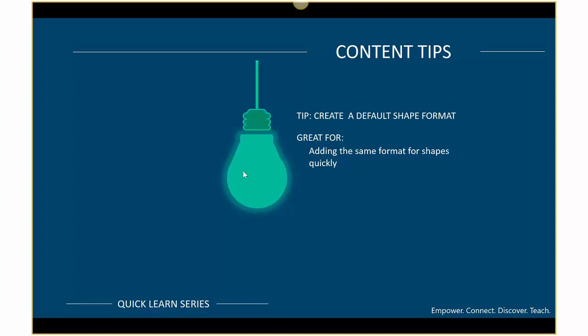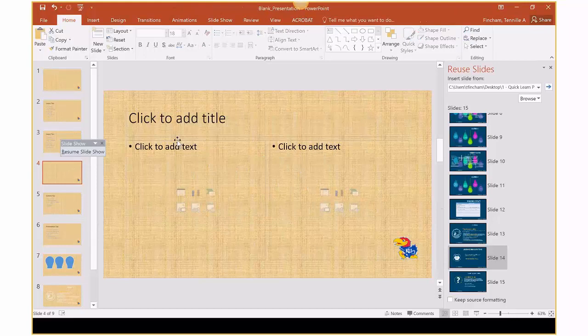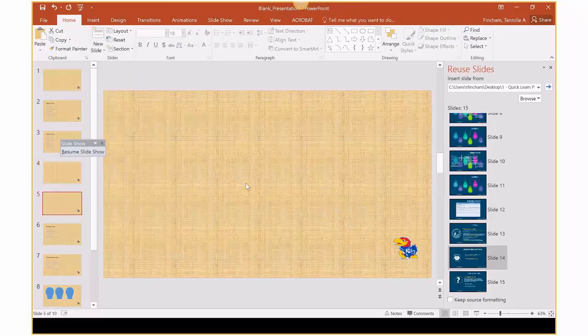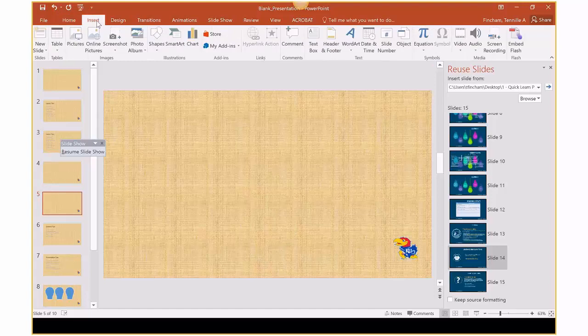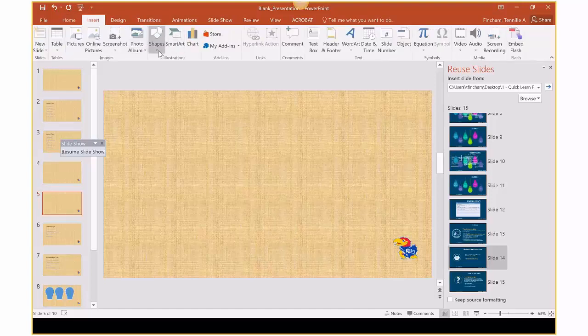So let's go back to our information here. Now the first thing that you have to do, let me just get to a blank slide for us to use here. The first thing you have to do is create a shape that has the formatting that you want. So I need to come to Insert, Shapes, and I'm just going to create a circle here.